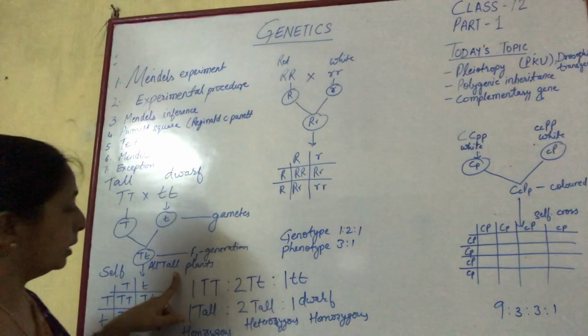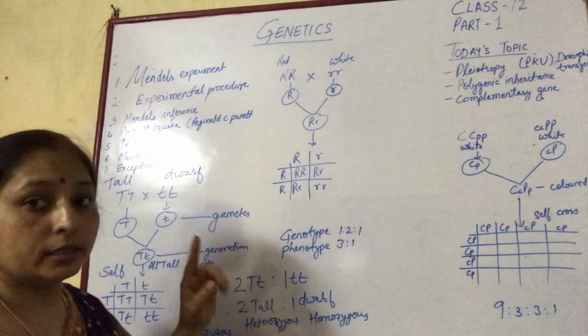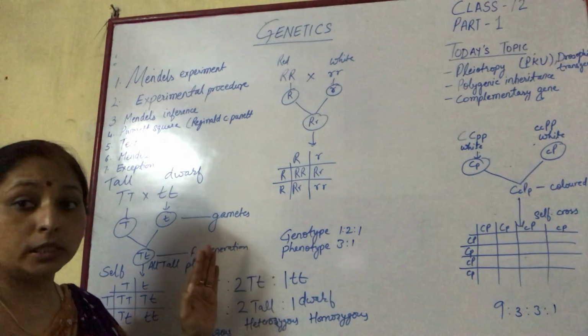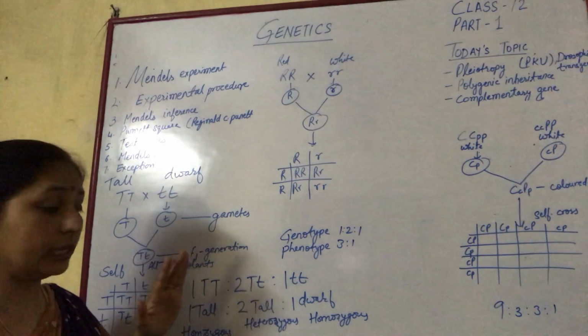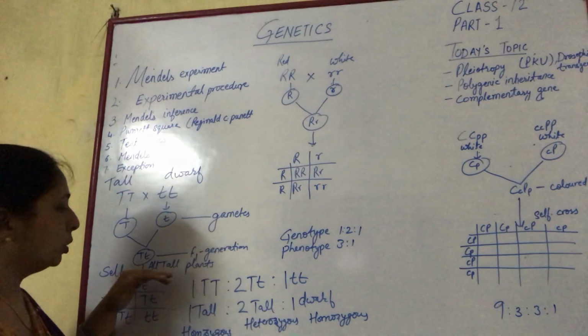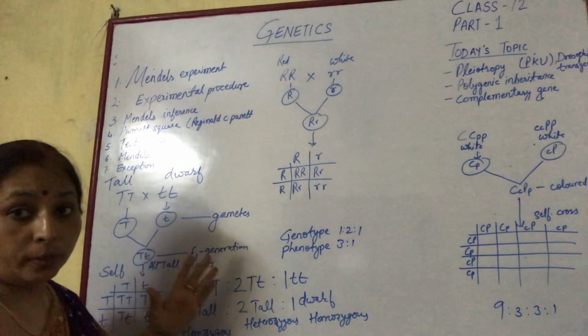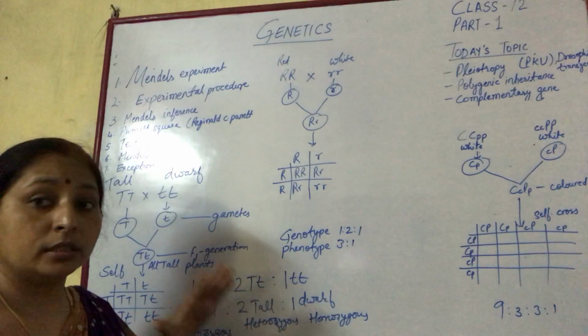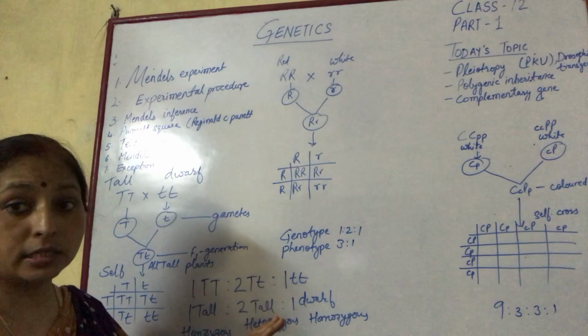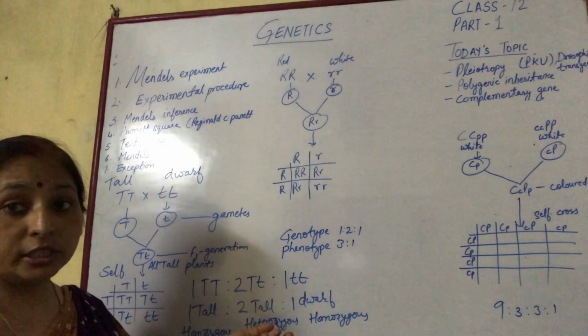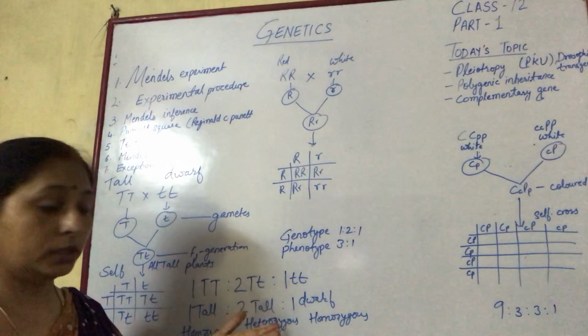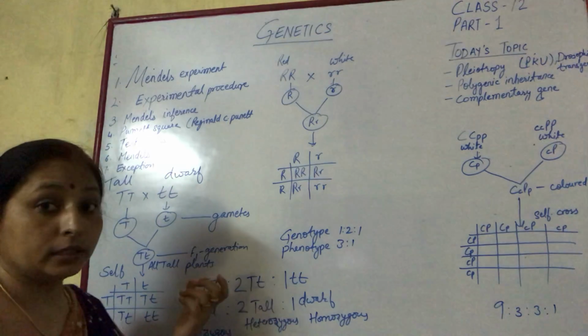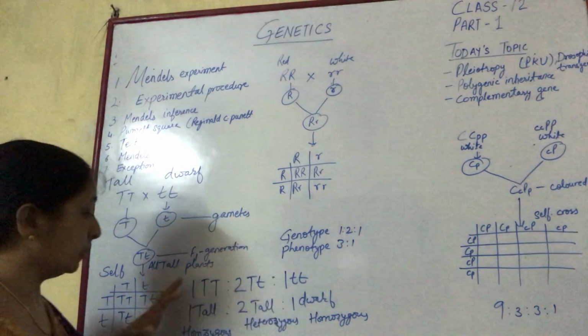The alleles for dwarfness remain hidden. So the tallness shows the law of dominance: at the first generation, the dominant character is shown, while the recessive character remains hidden.